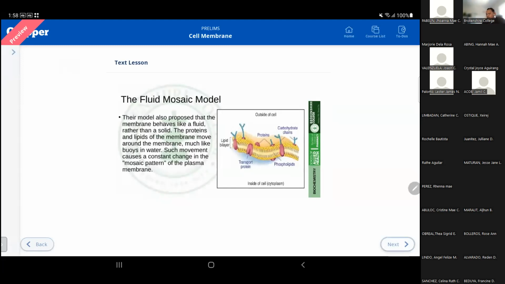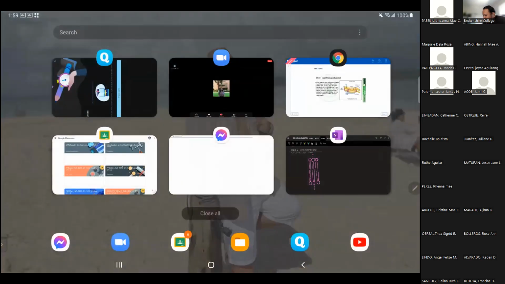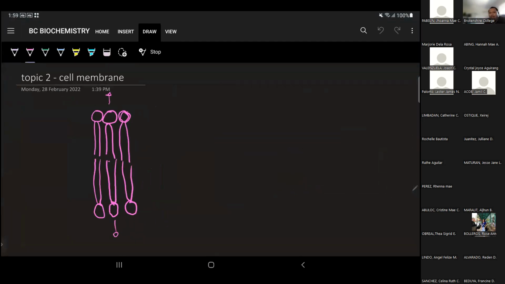Okay. So your fluid mosaic model also proposed that the membrane behaves like a fluid. So yan yung movement ng isang cell membrane, no? Parang fluid. Kasi if we try to look into the illustration that we have here, maaaring itong ating membrane would move in this side and then the other one in this side.